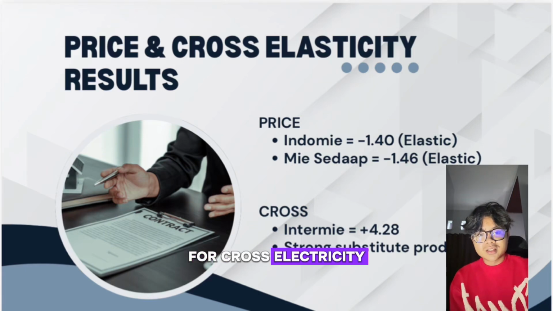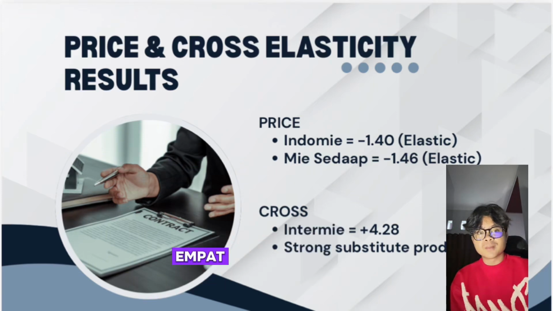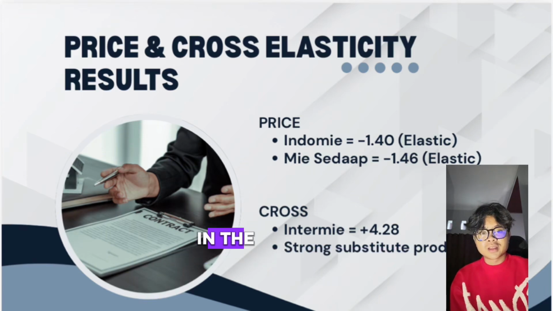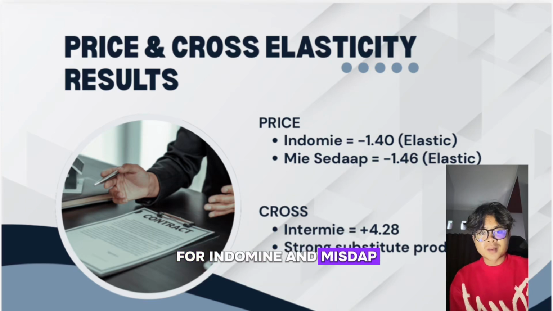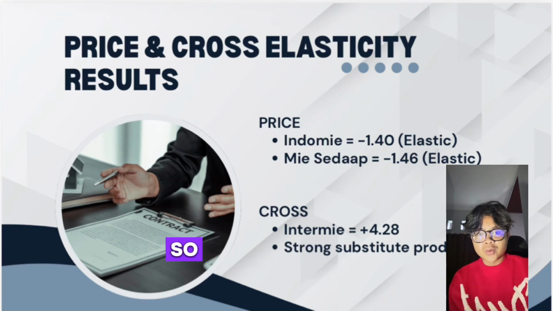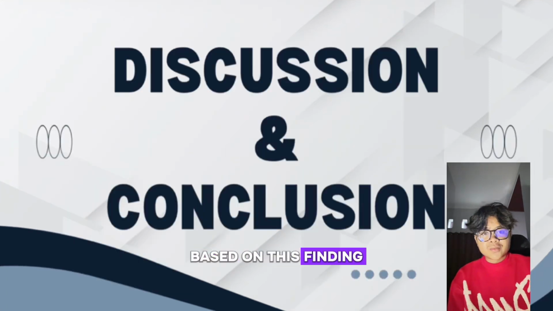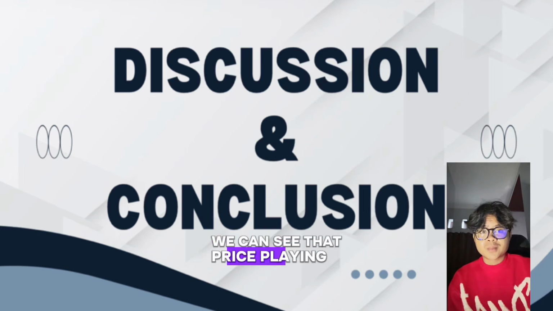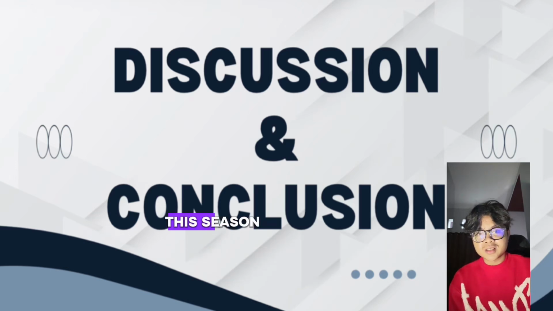For cross-elasticity, the value obtained for Intermie was plus 4,28. A positive cross-elasticity value indicates that Intermie is a substitute product for Indomie and Mie Sedap. The value is also relatively high, showing a strong substitution relationship. Based on this finding, we can see that price plays a very important role in consumer purchasing decisions.